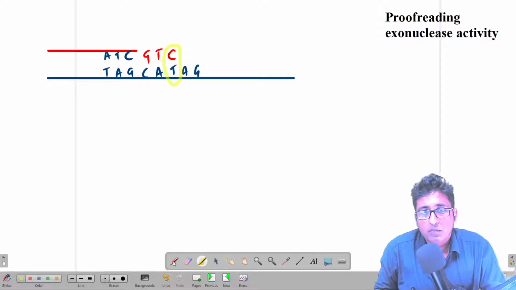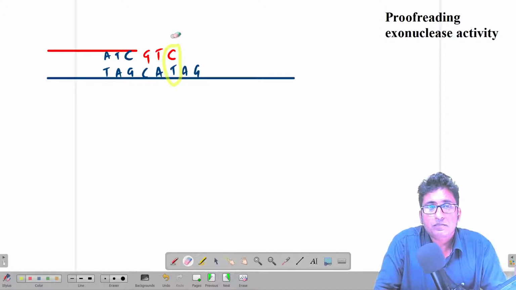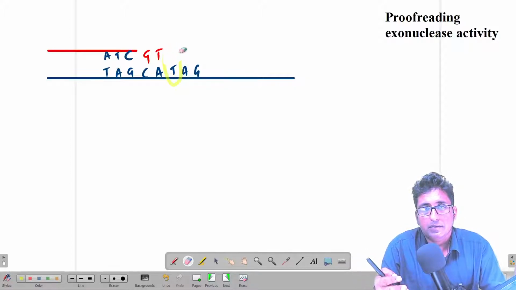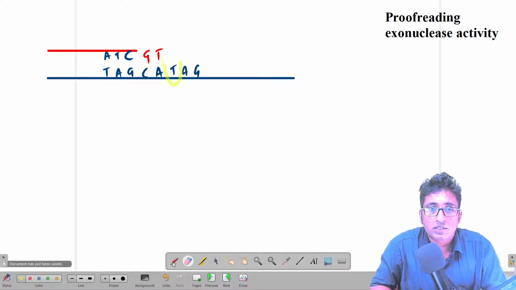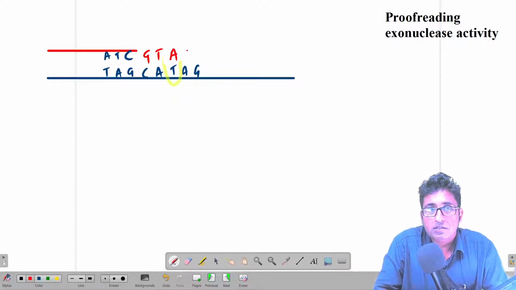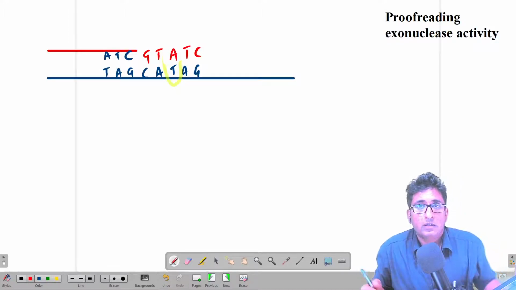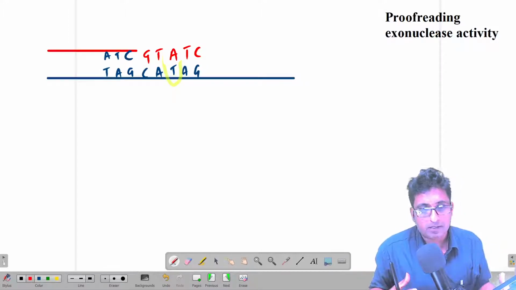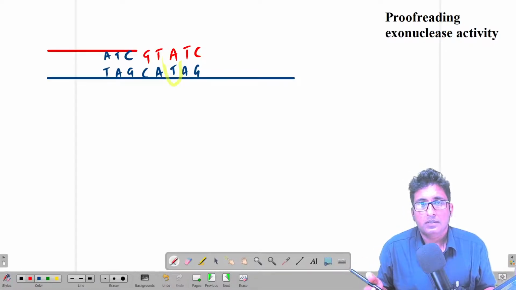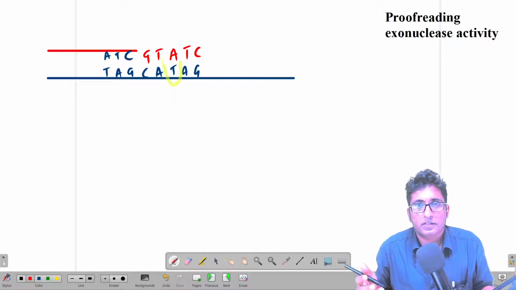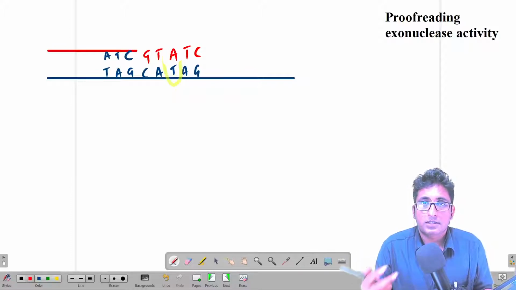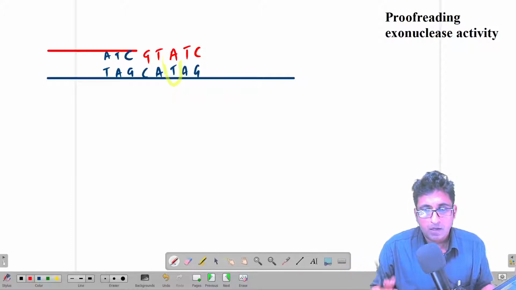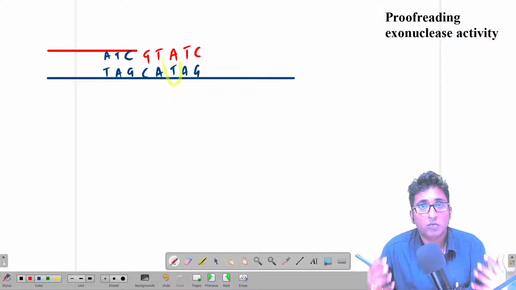So if DNA polymerase was moving this way and it is wrong, it would move back and eliminate that one base that has been added. And again DNA polymerase will start adding the bases correctly. This way DNA polymerase is a self-correcting enzyme, and it's something like it has its own introspection to track its own mistakes. How can somebody move forward when also moving backwards?